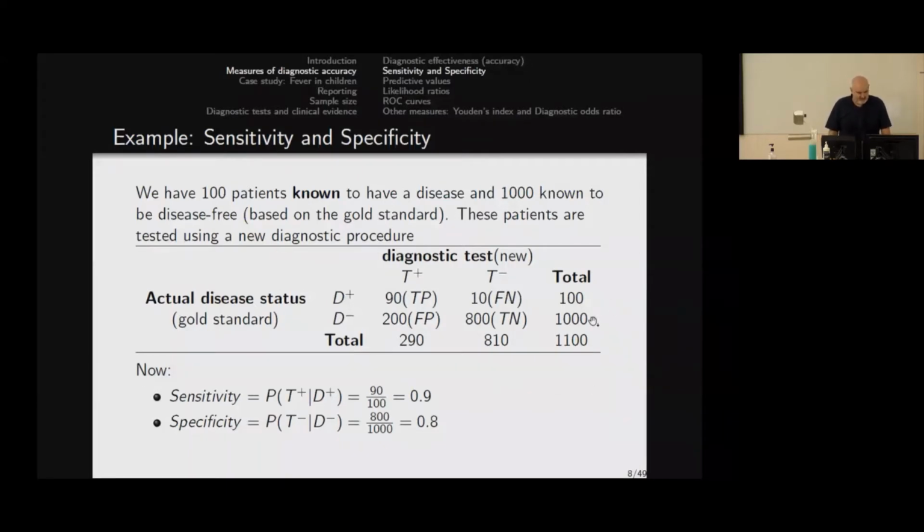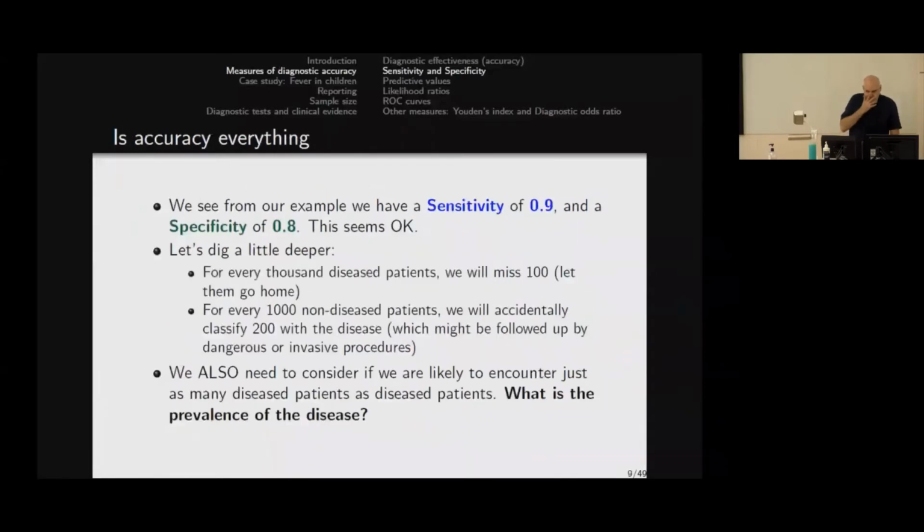It's very, very simple. Okay, and by the way, depending on context, a test that has 90% sensitivity and 80% specificity is generally a pretty good one, okay? So we can see we've got 90% sensitivity and 80% specificity.